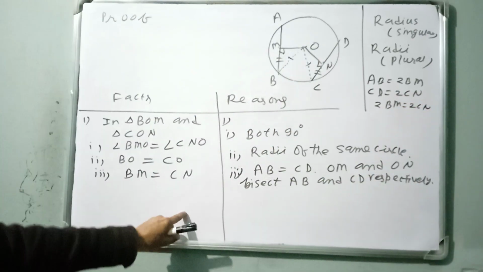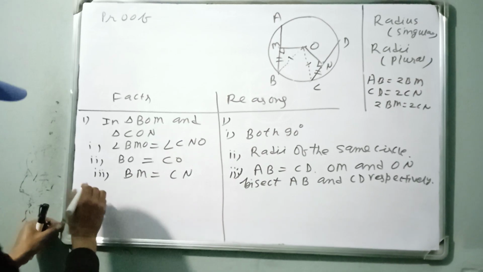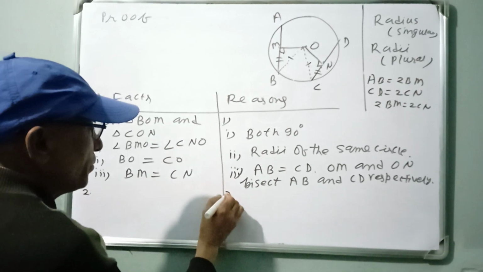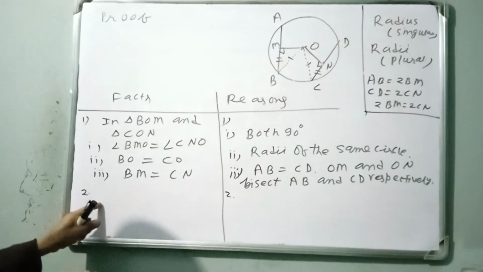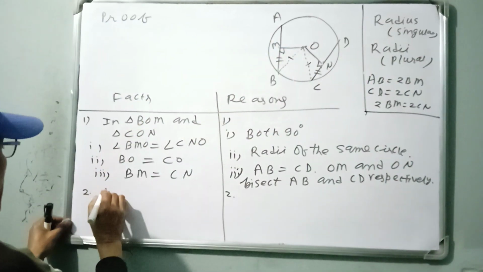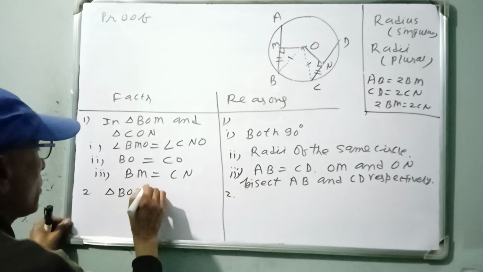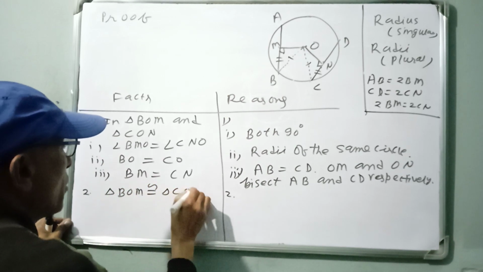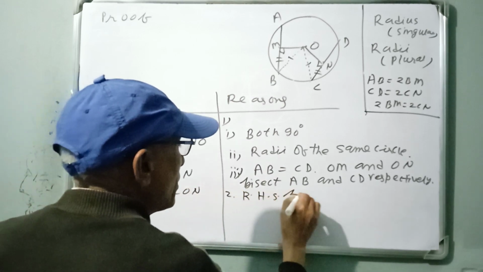Here students can write one more point yourself. Number two: they are congruent. Triangle BOM is congruent to triangle CON. Fact: right angle, hypotenuse, side.